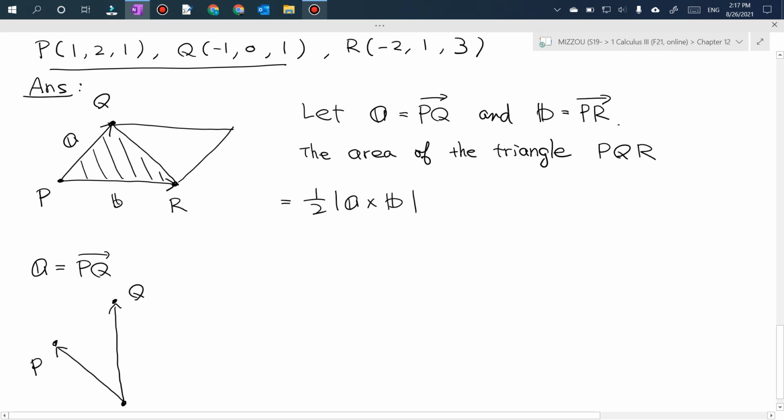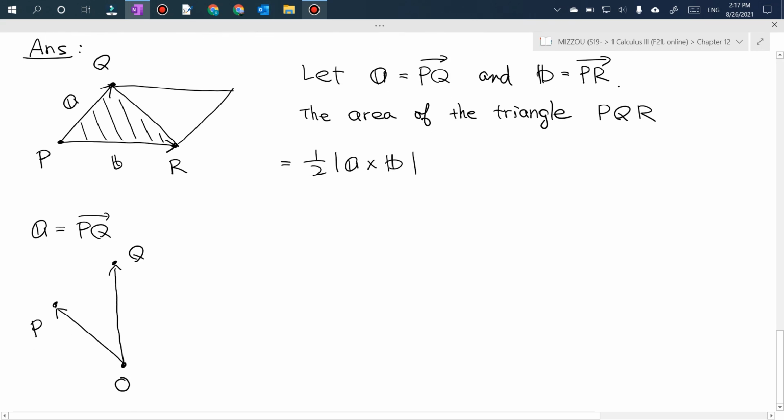Namely, the components are given by the coordinates of those 2 points. And then by looking at this picture, what is the vector PQ? You start from P, and then you have to go to Q. So that means if you reverse the vector OP to PO, and then go this way, and if you add those, what you get is the vector PQ.